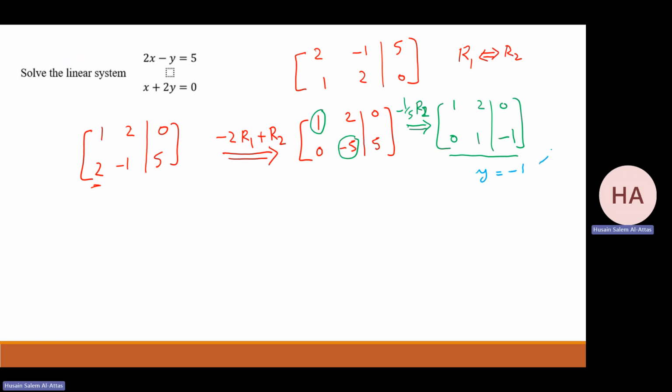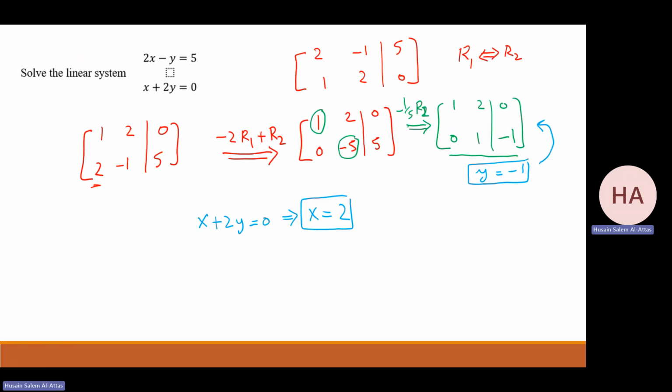Plug it here. You will get what? x plus 2y equals 0. So that means x will be equal to what? Minus 2 times minus 1, 2. So this is my answer, which I can check easily. x equals 2, y equals minus 1. So I have 4 minus minus 1, 5. I have 2 minus 2, which is 0. Good.